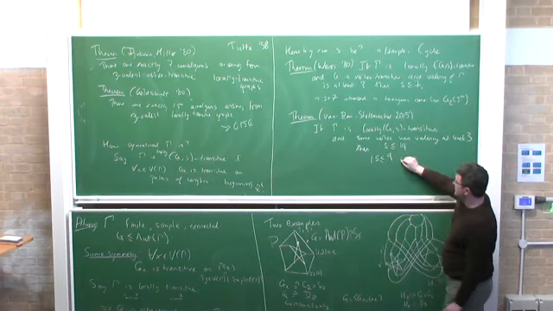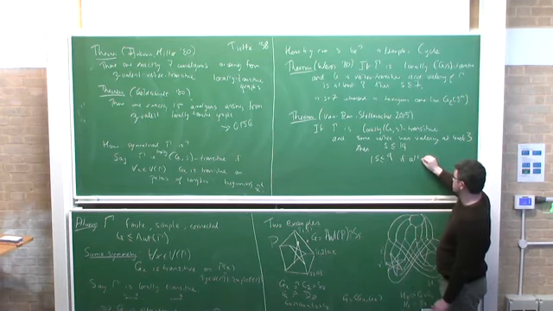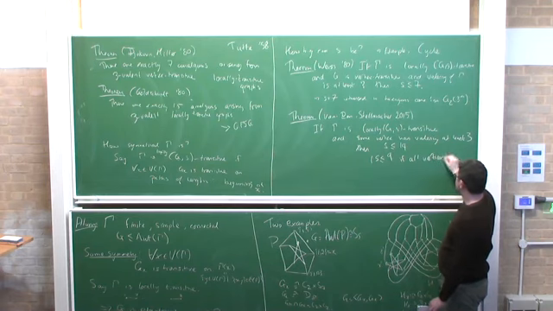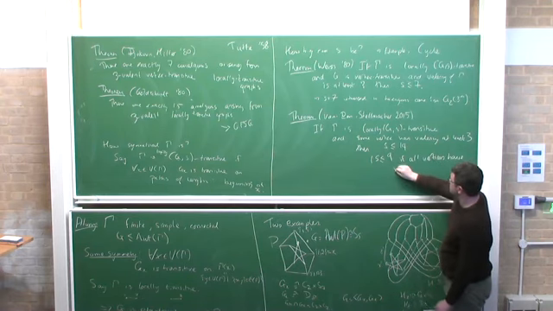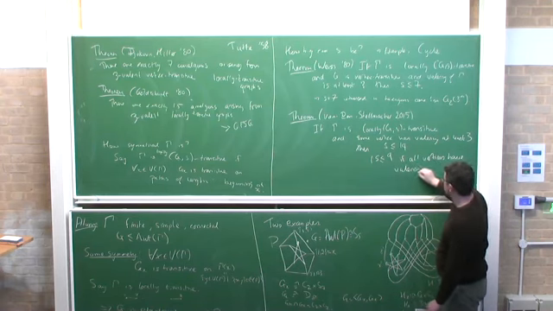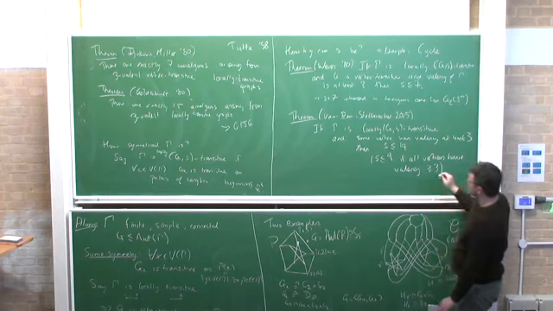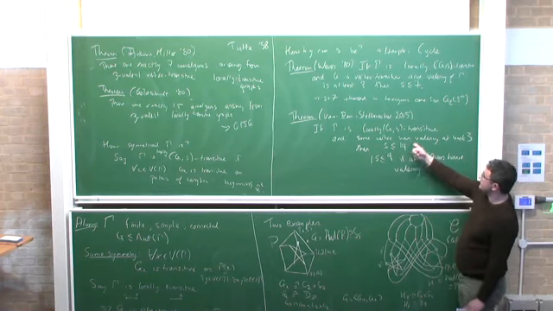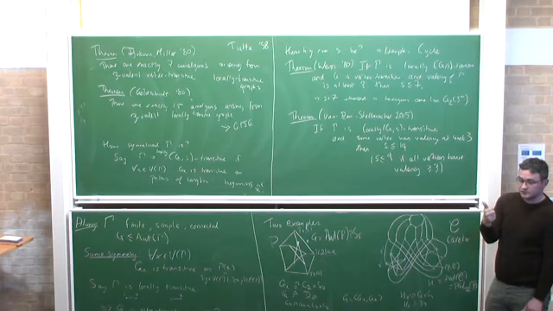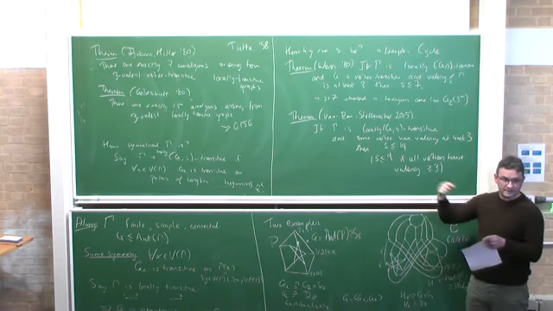But you can see where that S at most 14 comes from. One of your vertex classes has valency 2, and the other one has valency 3.